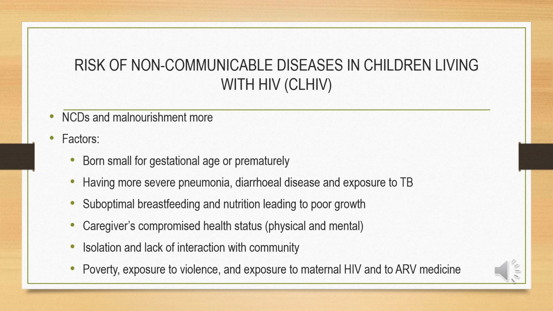A mother or father who already has HIV may have compromised health status, both physical and mental, and they may not take care of their child the way they are supposed to.